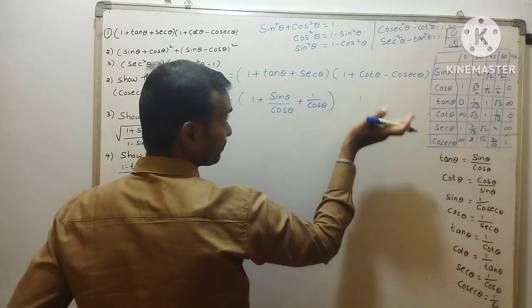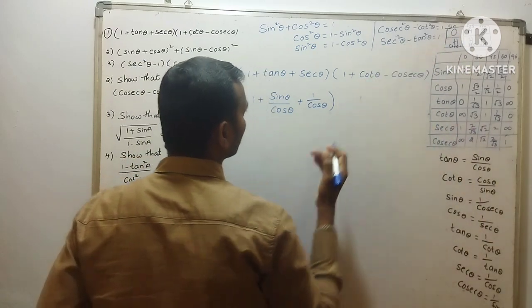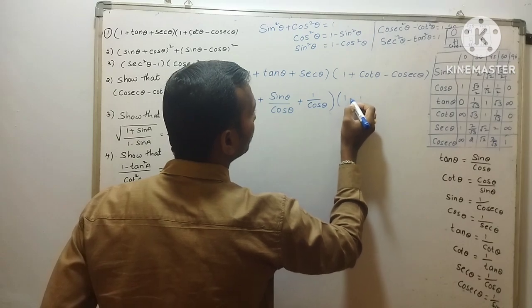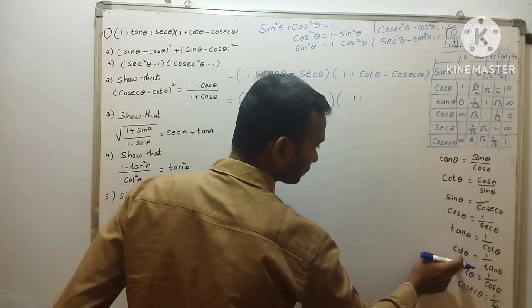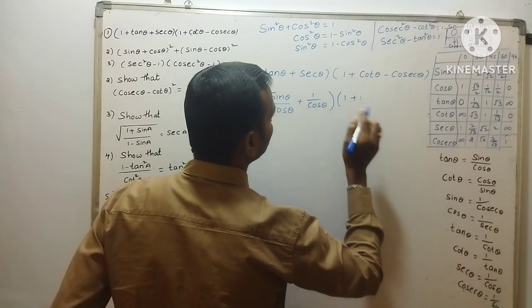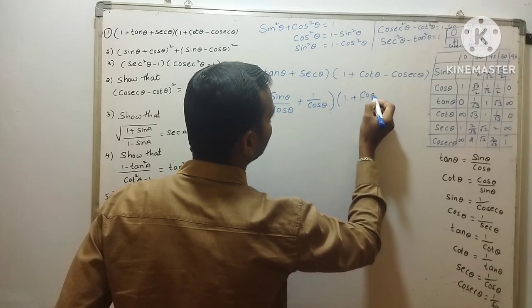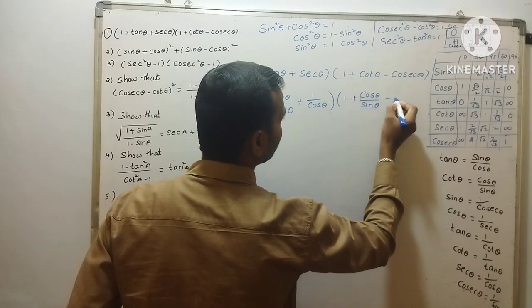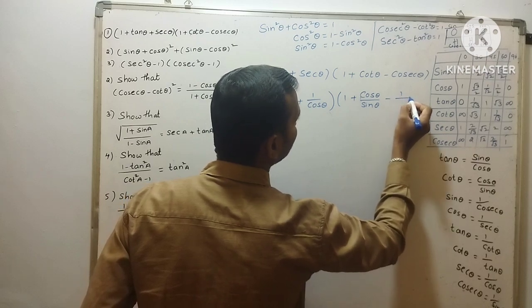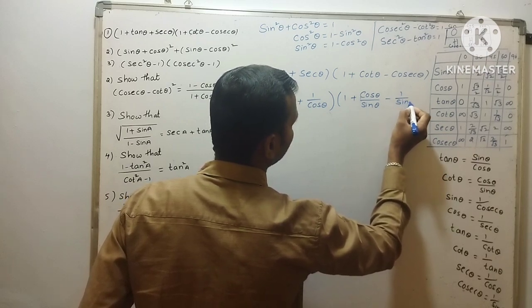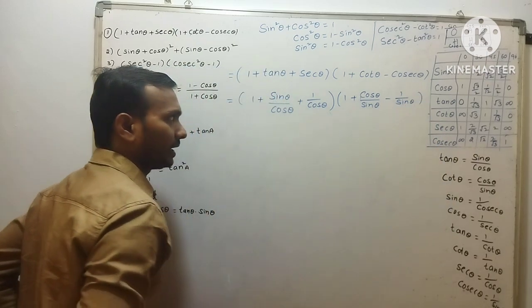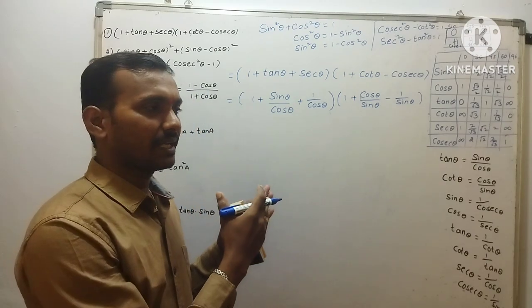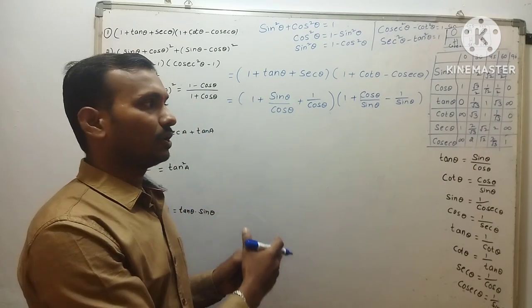Sin and cosec are reciprocals to each other. Tan and cot are reciprocals to each other. Cot is nothing but cos by sin theta. Cosec is nothing but 1 by sin theta.